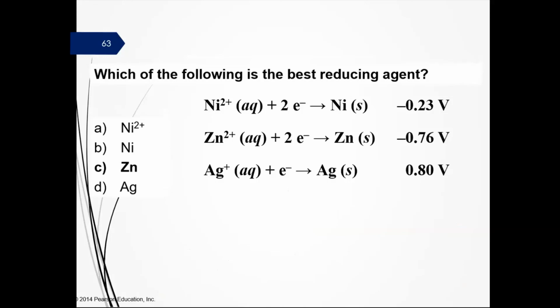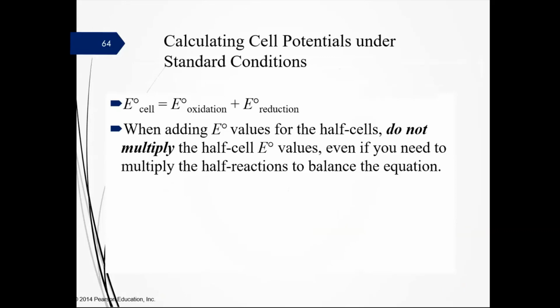Now for your standard cell potentials, what you want to calculate is you want the whole cell to be equal to how much you gain from oxidation and the amount that you gain for reduction. Now the interesting part about E cells is that, unlike Hess's law, you don't have to multiply them if you do multiples of those half reactions.